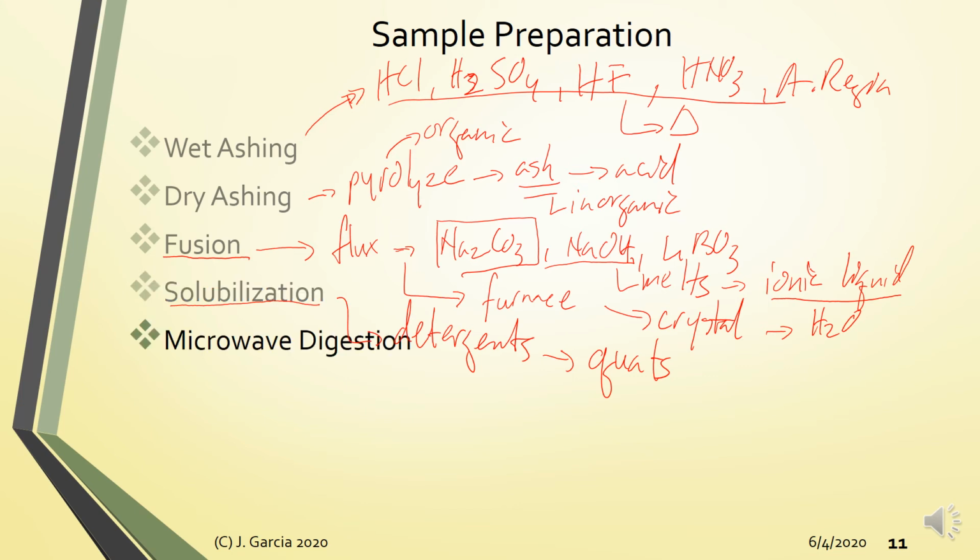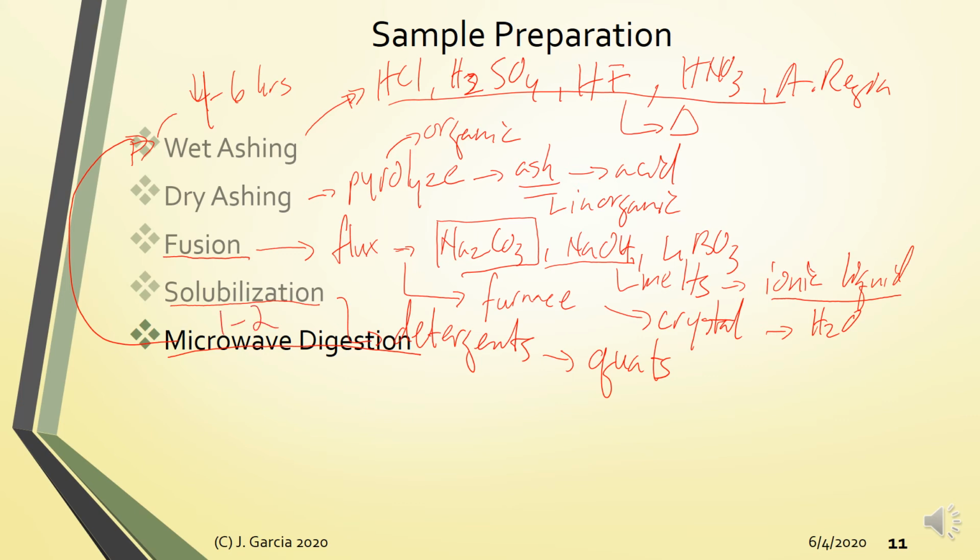Next, you have your microwave digestion. The microwave digestion is just a derivative of the wet ashing method. Wet ashing usually takes around 4 to 6 hours. That's how long the usual wet ashing takes. But with the aid of microwave irradiation, you can do this in around 1 to 2 hours.